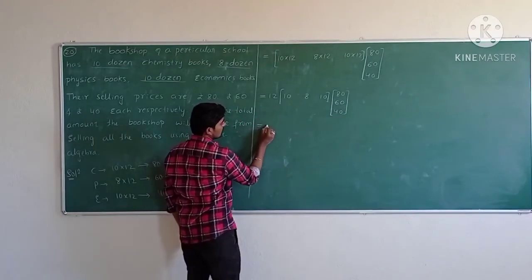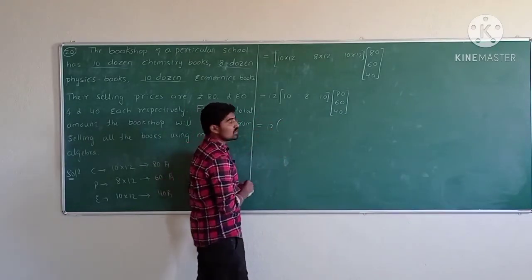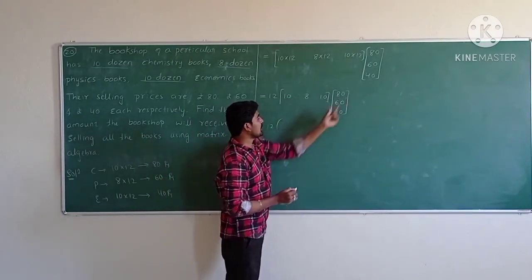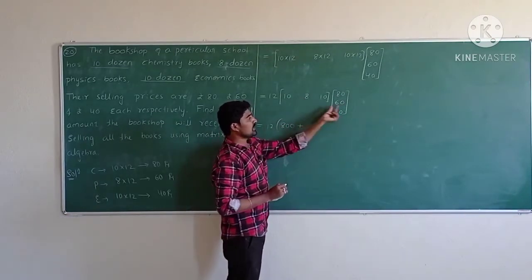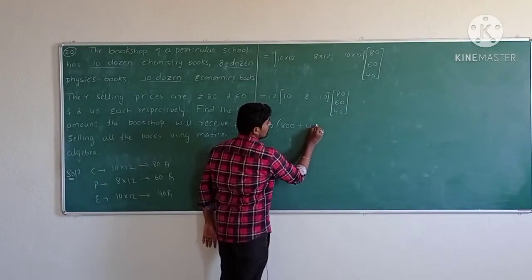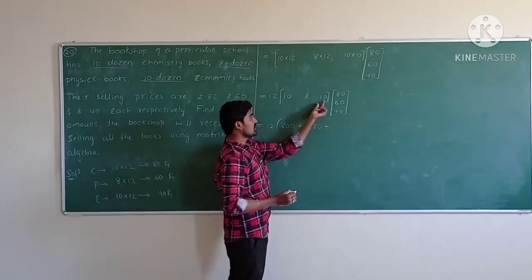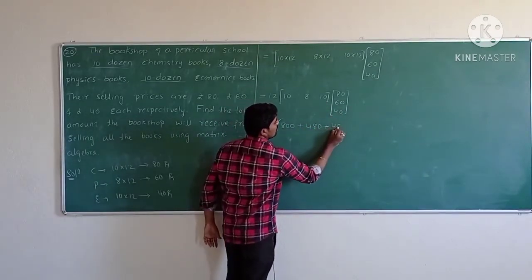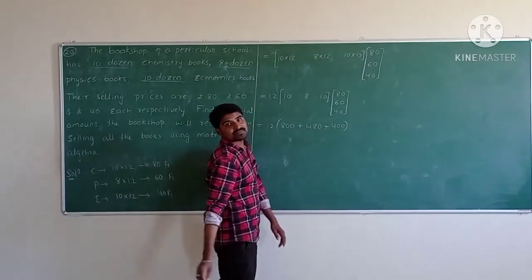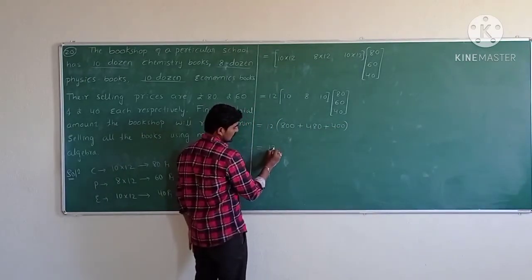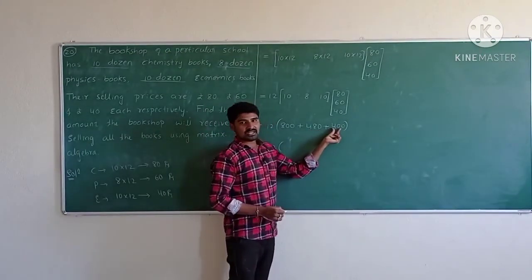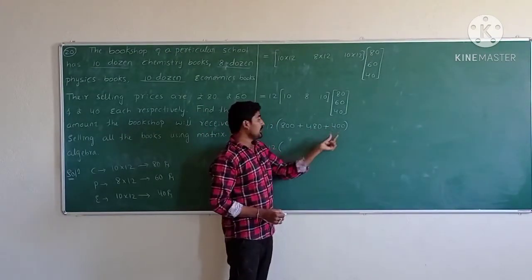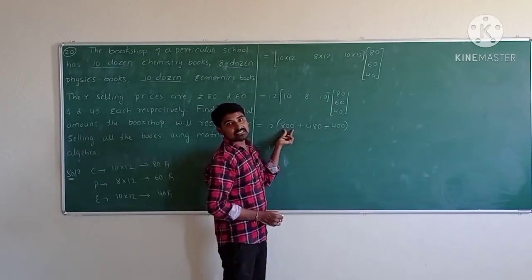Now this is equal to 12 into, 10 into 80 is 800, plus 8 into 60 is 480, plus 10 into 40 is 400. Which is equal to 12 into 480 plus 400 is 880, 880 plus 800.